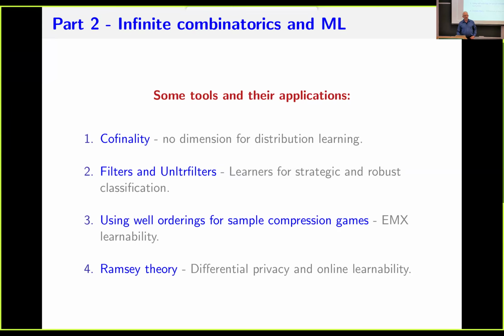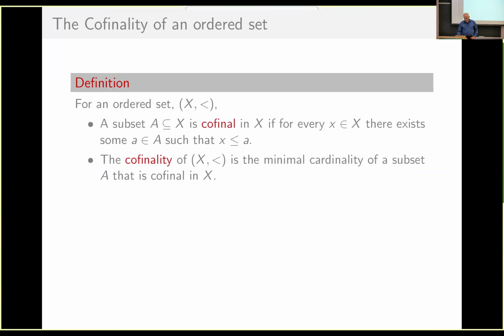We are back in the world of orderings, but now I don't require my orderings to be well orderings. I'm just talking about any ordering. If you have an ordered set X, a subset A is said to be cofinal in X if for every element of X, you have an element of A above it.